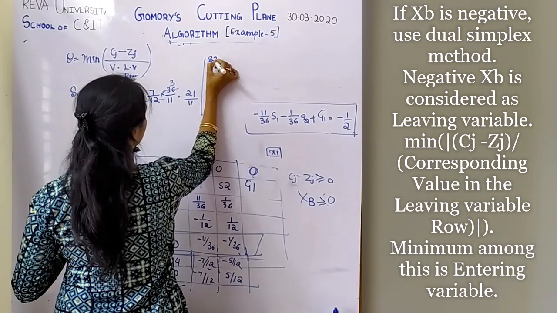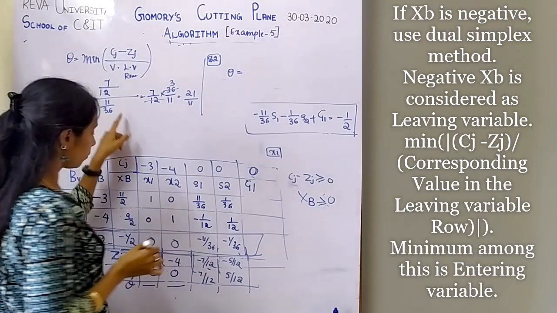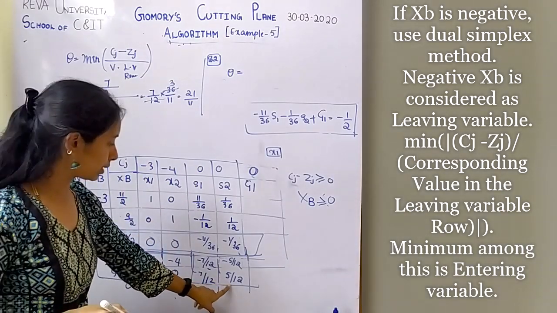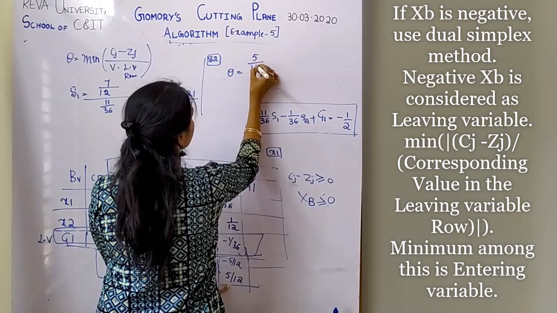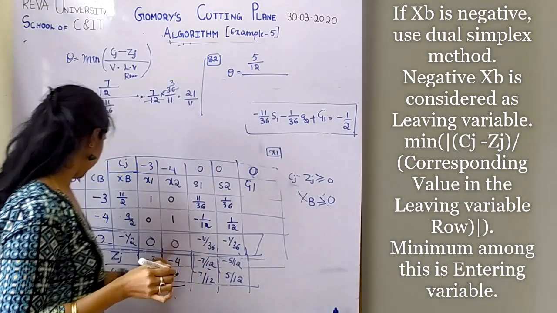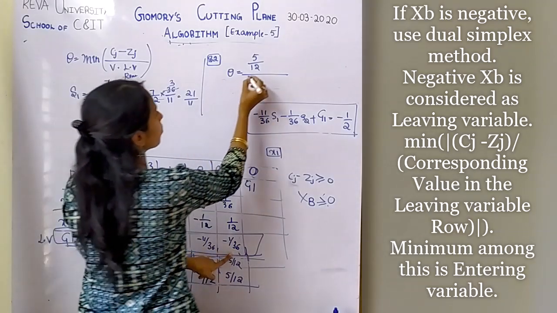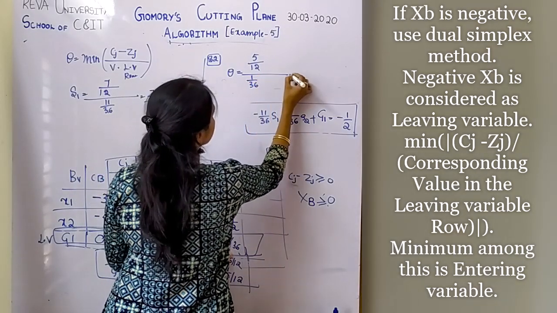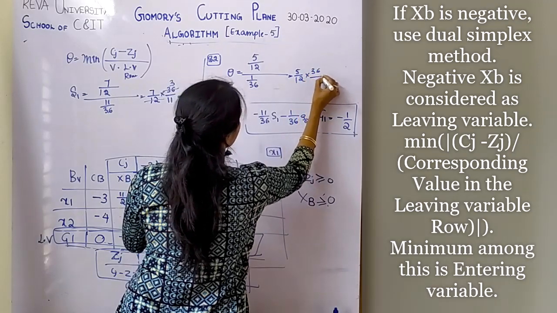Next, similarly you find out for S2. Theta equal to, what is the Cj minus Zj? 5 by 12. 5 by 12 divided by the value in the leaving variable. So 1 by 36. So 5 by 12 into 36 by 1.